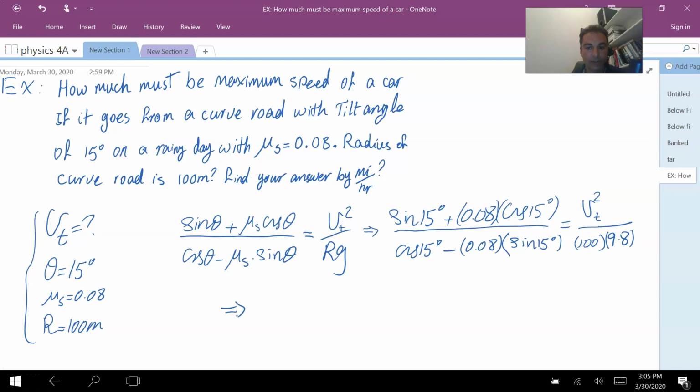0.08 times cosine of 15 plus sine of 15. Remember, your calculators must be in degrees. That number divided by cosine of 15 minus 0.08 sine of 15.